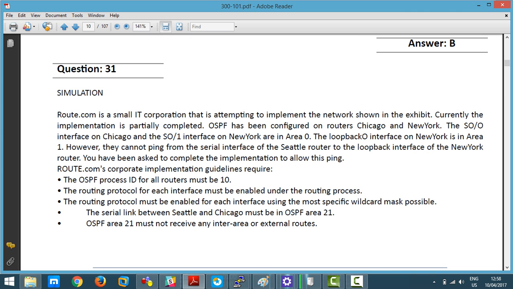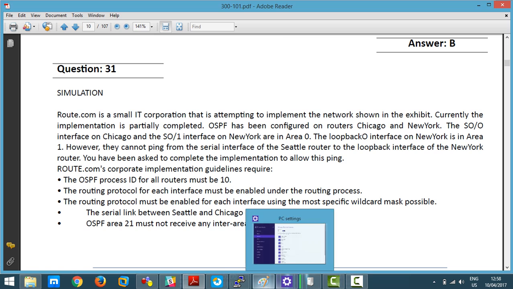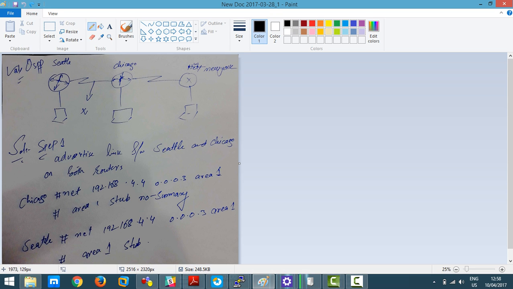Okay, the loopback interface is in area 1. They are calling this area 1. Here is the loopback L0 interface.